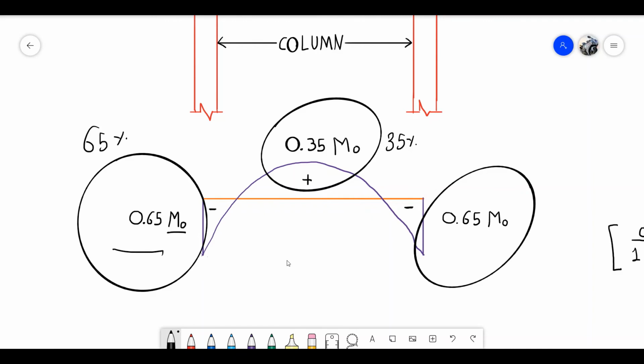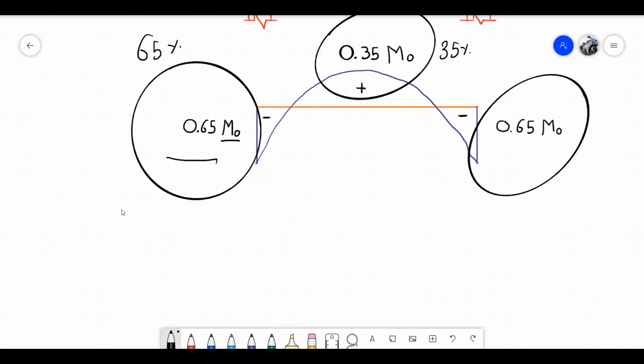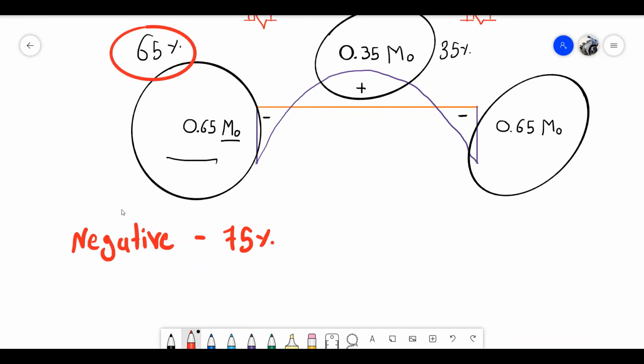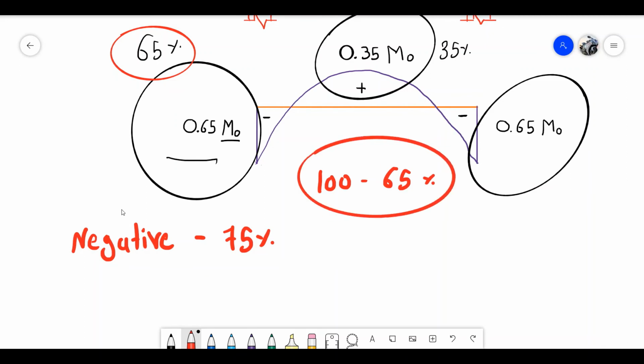Now there is a second point: on the column strip, the negative moment is 75% of the total negative moment, meaning 100% of the 65 is the negative moment, and on the column strip this will be 75% of it.